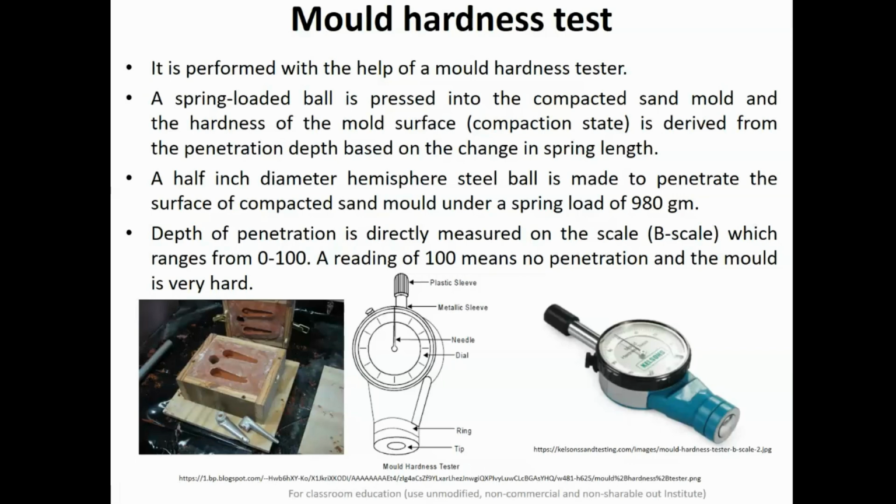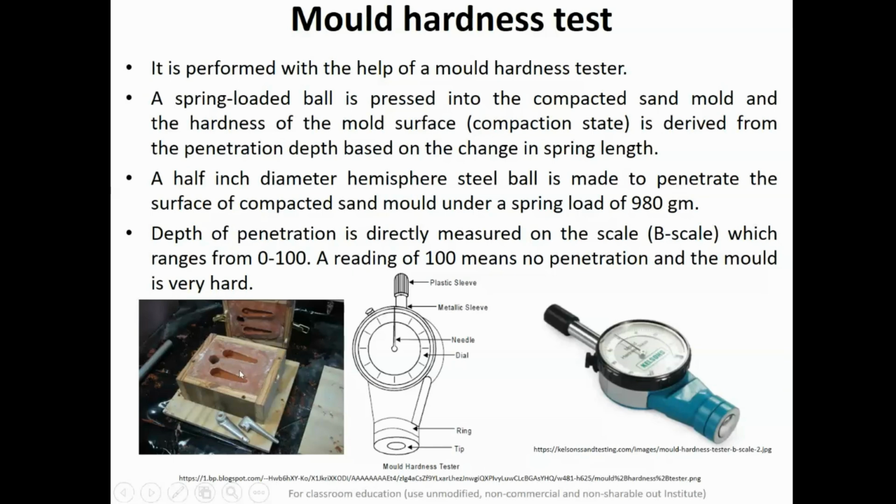So this is a graduated scale, you see, and it ranges from 0 to 100. That scale is also known as the B scale. And you perform the testing at 4 or 5 locations, in the middle and then at the 4 corners. So you take at least 5 readings and try to measure the hardness.